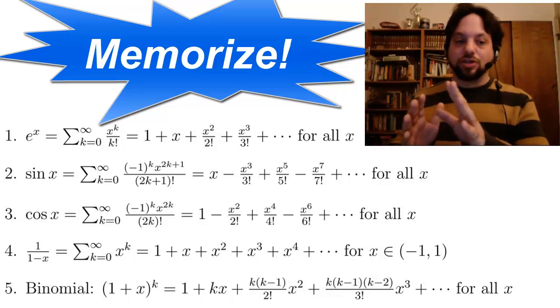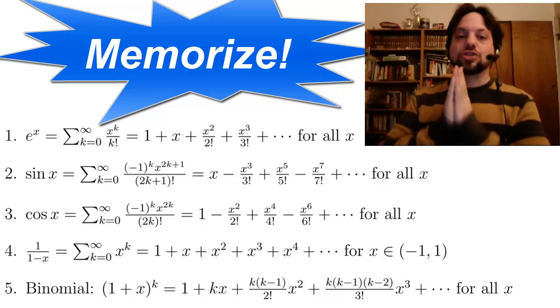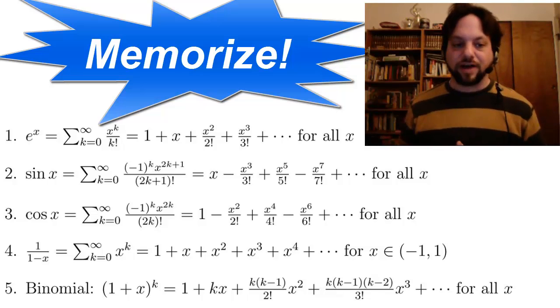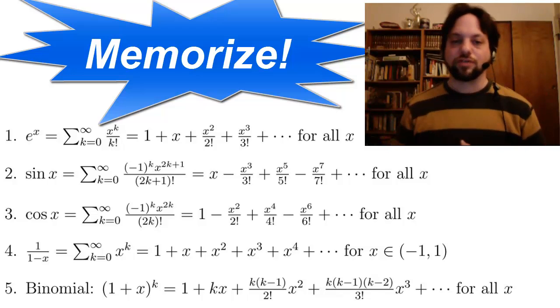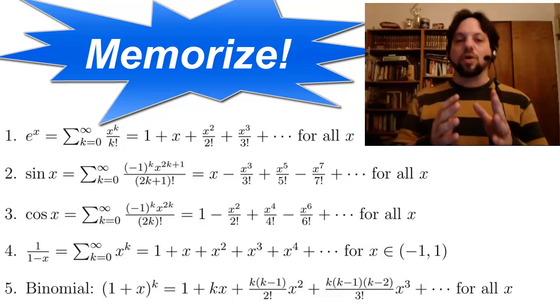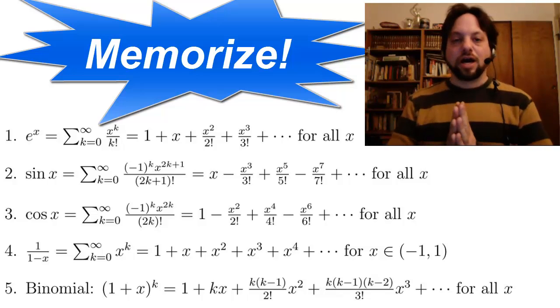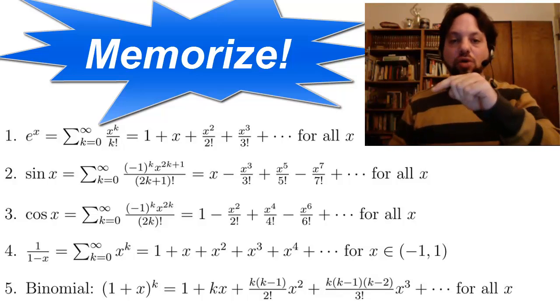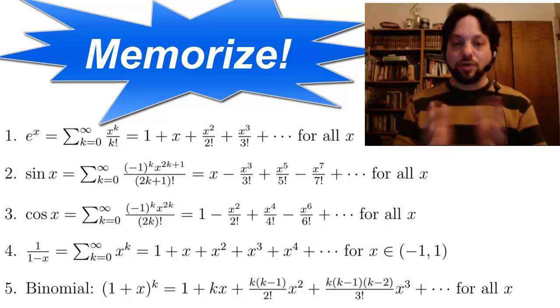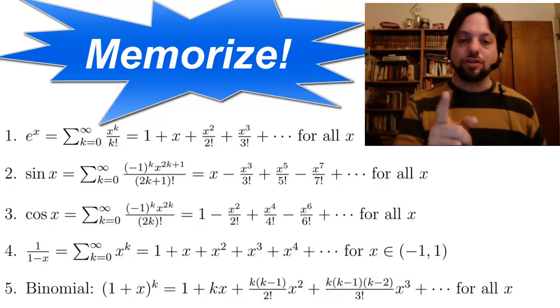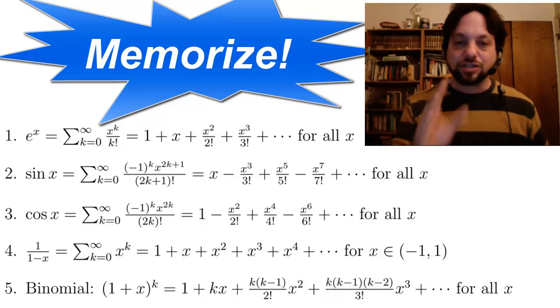Now, I will admit to you that the first three are certainly the most important of the five, but knowing the fourth and fifth one could prove to be useful over the course of time. So as you're doing your homework, understand that if you have the Taylor series of these simple functions memorized, you've just made your work a lot easier to deal with.